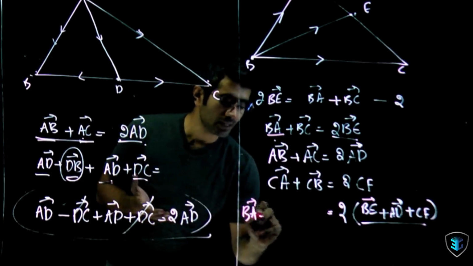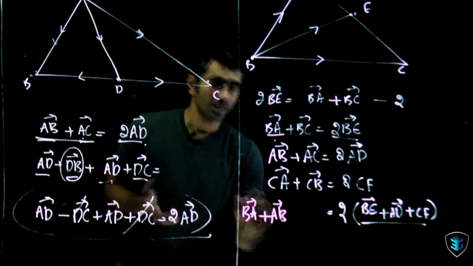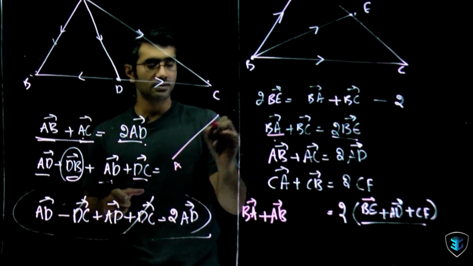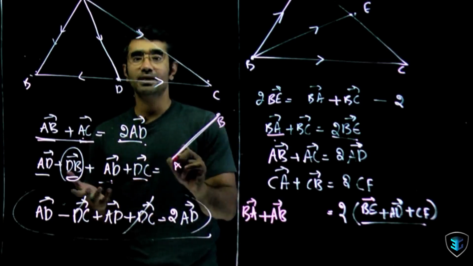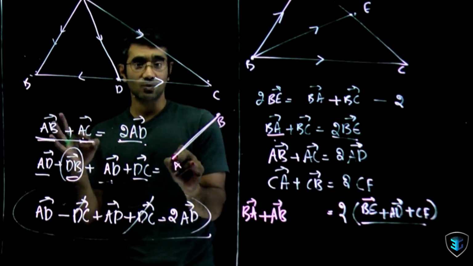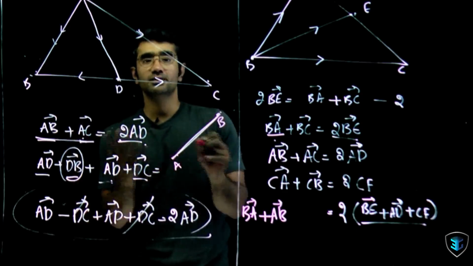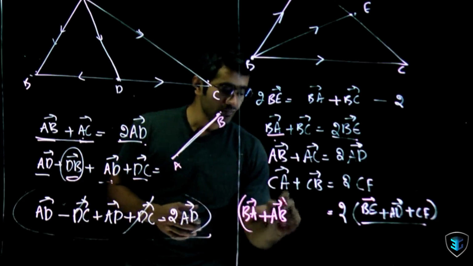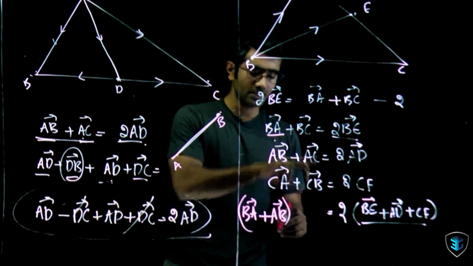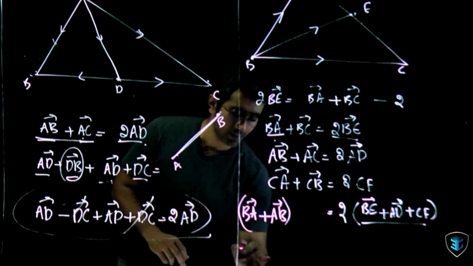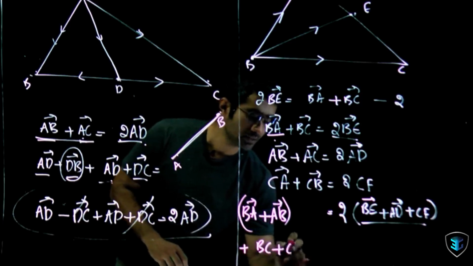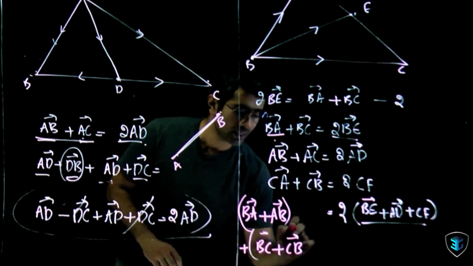Vector BA plus vector AB. Basically, if that is AB and that is BA, if you add these two, you get a zero vector, because AB plus BA is the zero vector. We understand that. So this will give me a 0. Like that, you have a BC and CB. So I can write plus BC plus CB. These two vectors will again give you a 0.